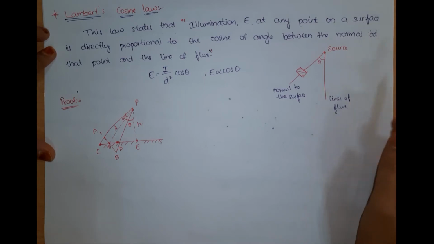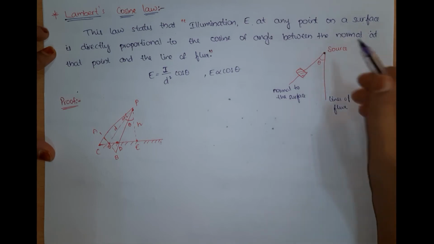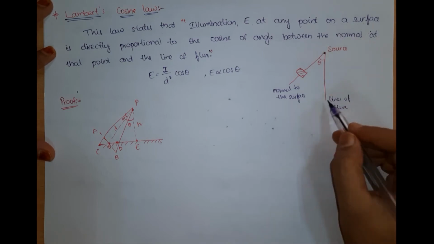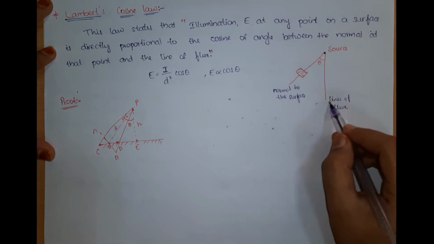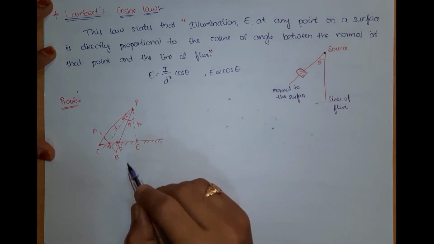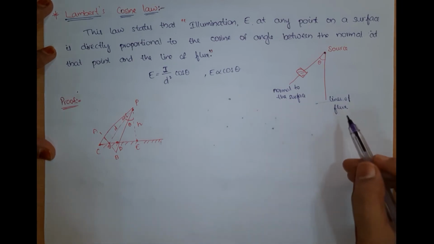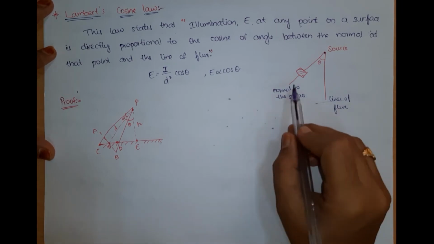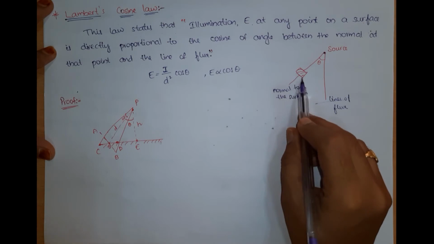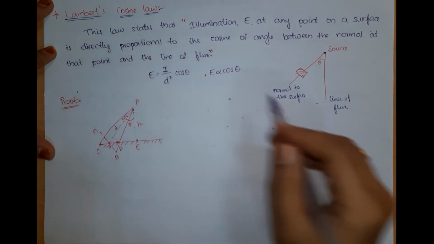If you see, what he is telling is, if this is the point source, now previously I was considering only the normal to the surface. So in the last case it was directly normal to the surface. But now if you see, this is a surface inclined at some angle to the source. In this case, what happens? This Lambert's cosine law tells us.